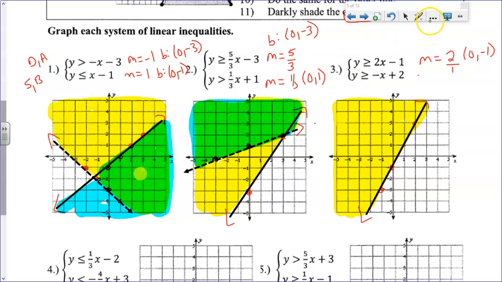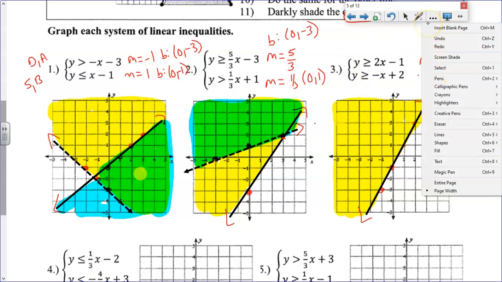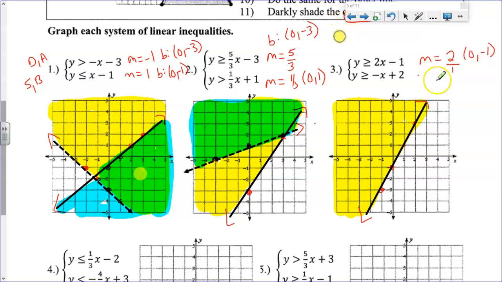Okay, and then let's go back to our pen. And we have here m equals -1 and the point (0, 2). So (0, 2), and then down 1, right 1, up 1, left 1, because it's a negative slope.